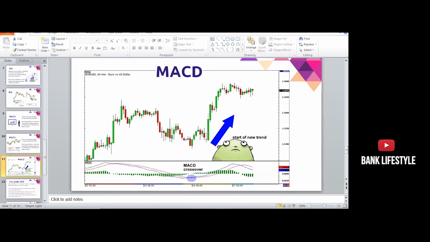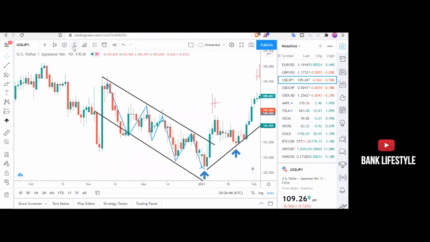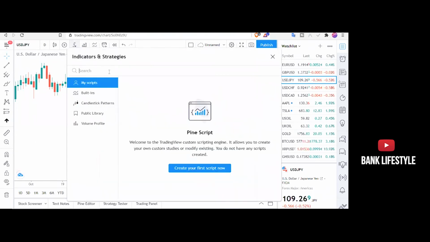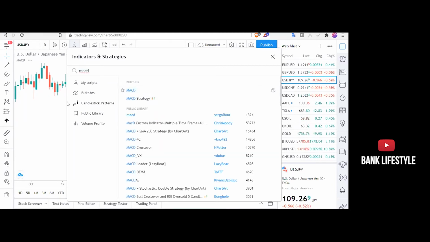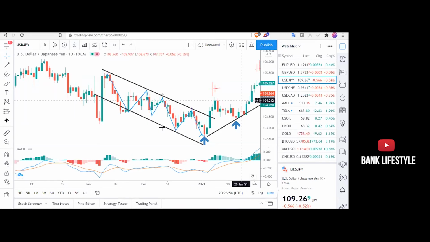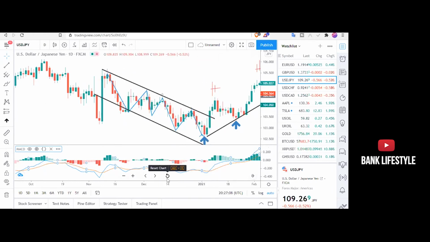So let's go into the chart again and clear the RSI. Okay, so let's choose the MACD. There you go. Click it. Okay, so this is the MACD indicator you're seeing down here as well. You could also go into the settings and change the colors, but I'm going to maintain the colors it gave me.